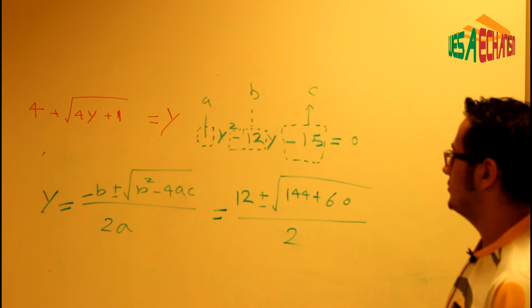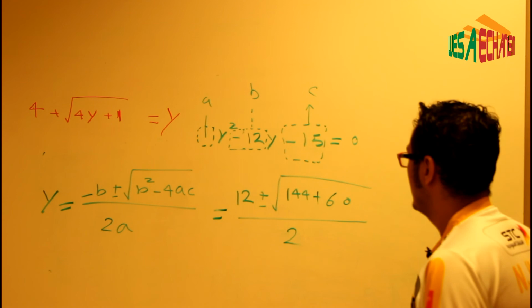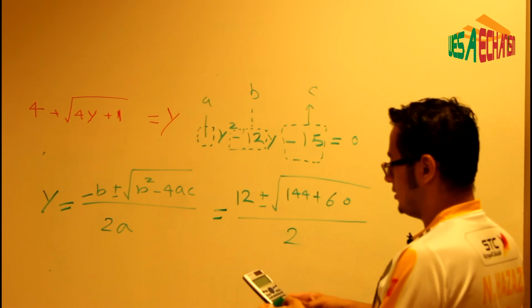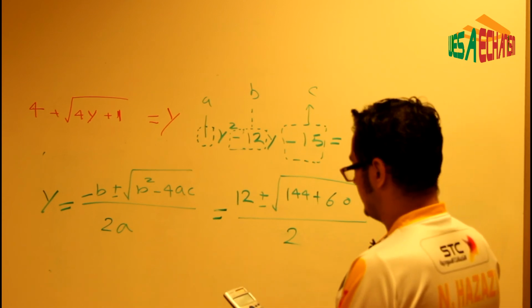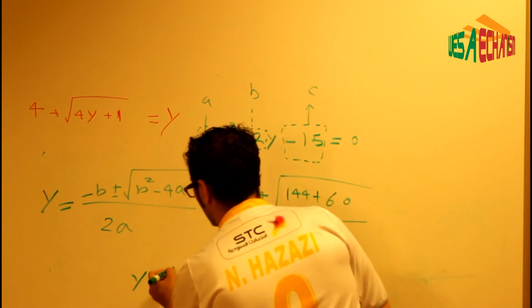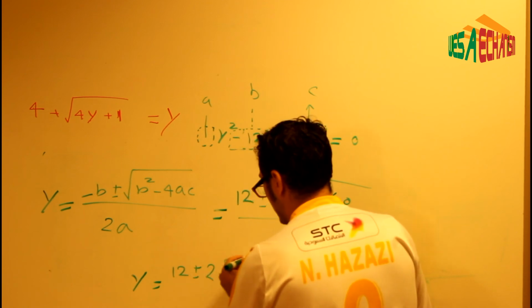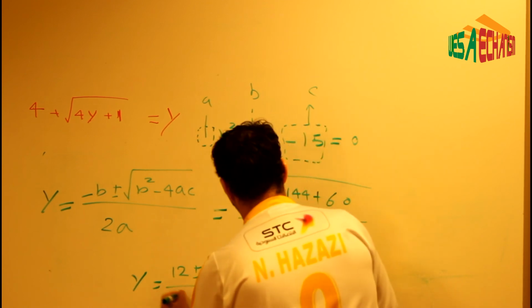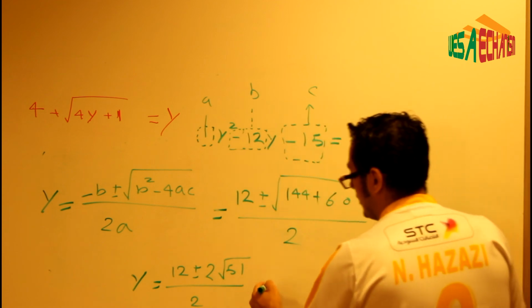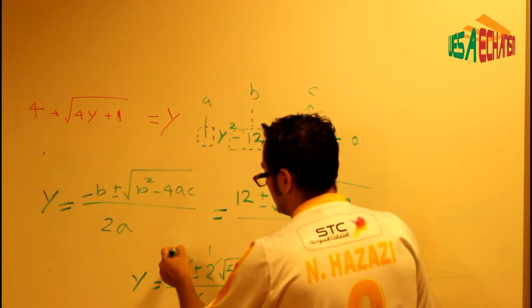This is our answer. This is how you come up with your answers for y. And we can solve for this. So y equals 12 plus or minus 2 square root of 51, divided by 2, which is equal to, this is going to be 1, this is going to be 1, this is going to be 6.